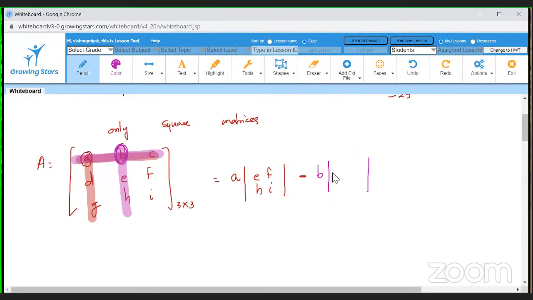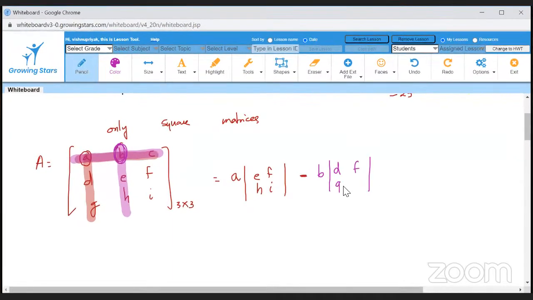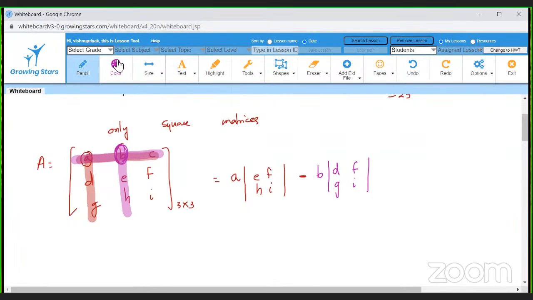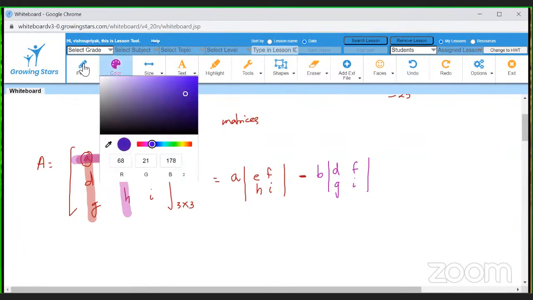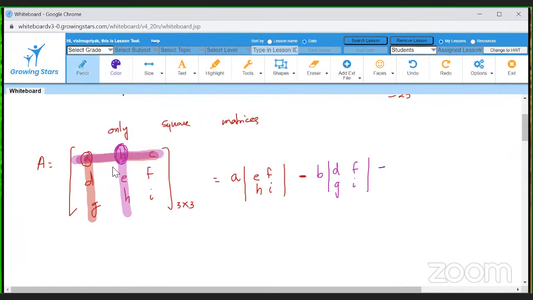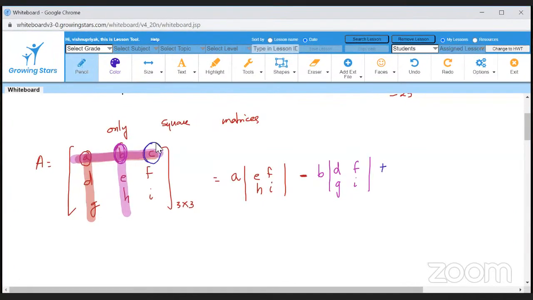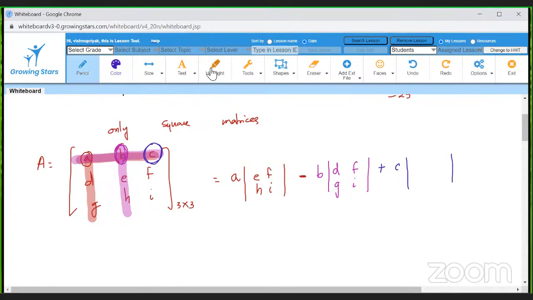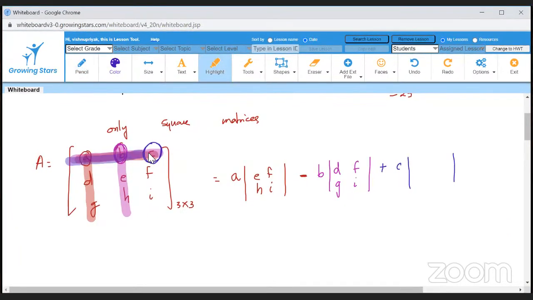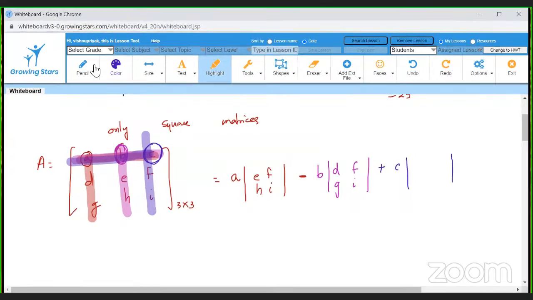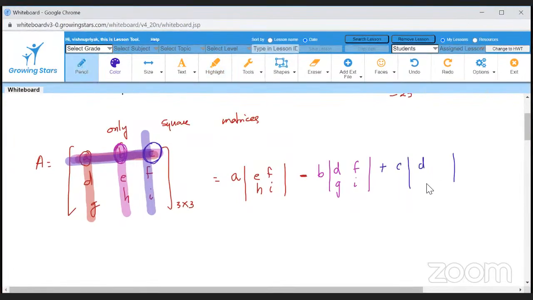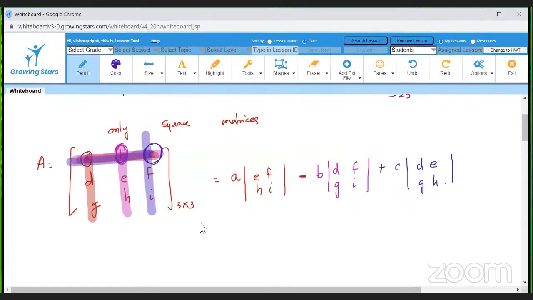The elements left are D, F, G, I. And then next, plus this third number C into the determinant of, you have to remove the C row and C column. Left elements are D, E, G, H.